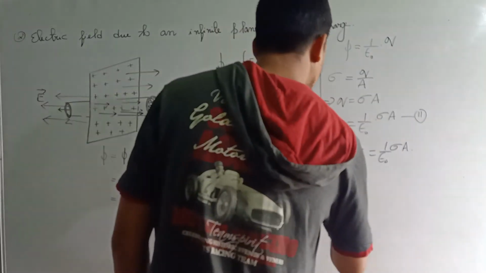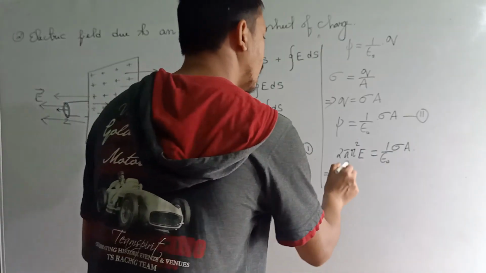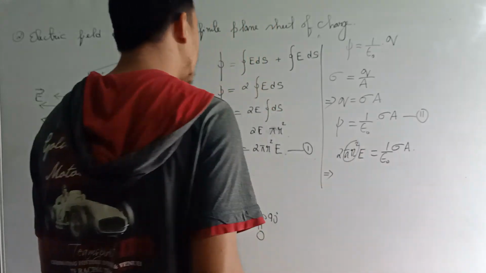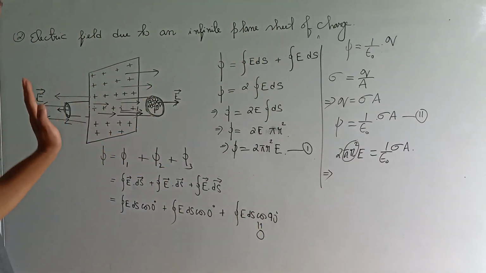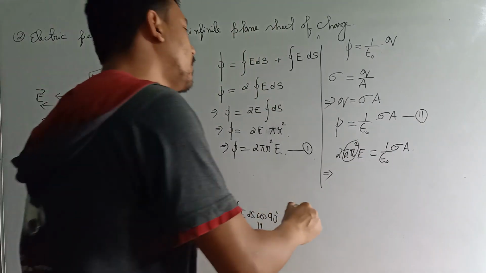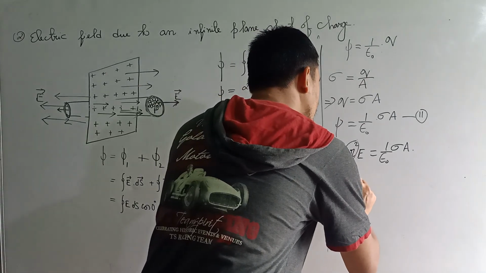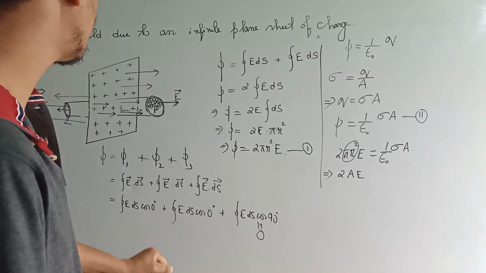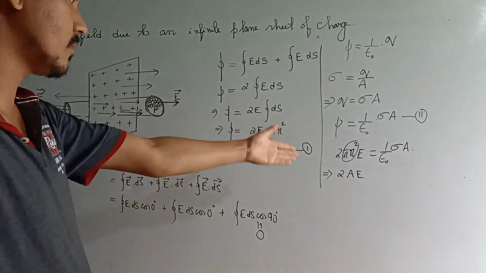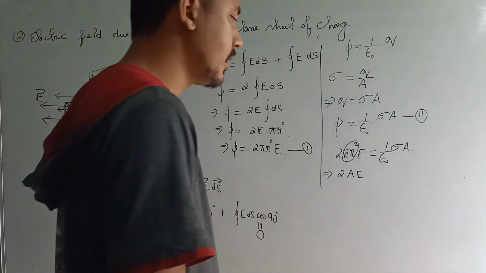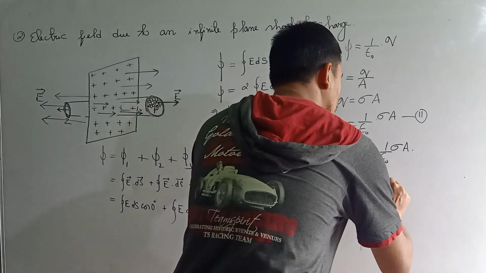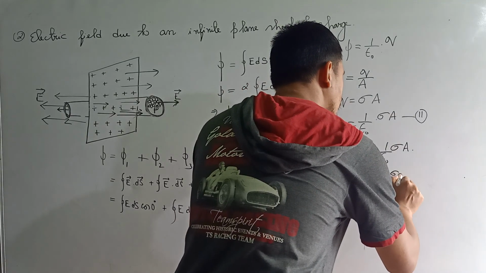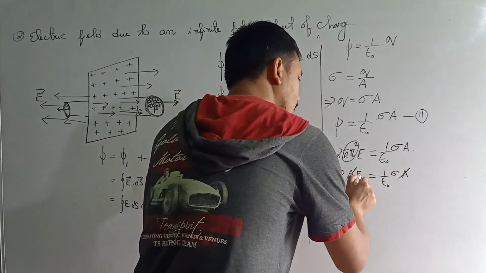So in that case, pi r square means the area of cross section of the cylinder. So pi r square, can we write it as A only? Pi r square is area, right? So E times A is equal to 1 by epsilon naught into sigma times A. Can we cut A?